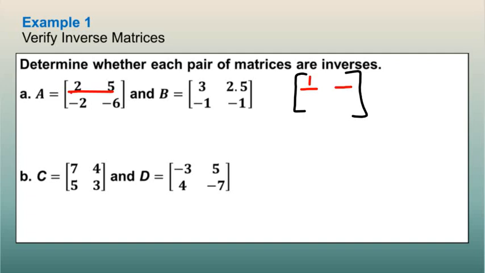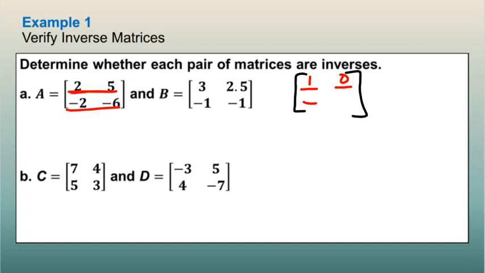This one is row 1, column 2. So we have 2 times 2.5 plus 5 times -1, and we get 0.